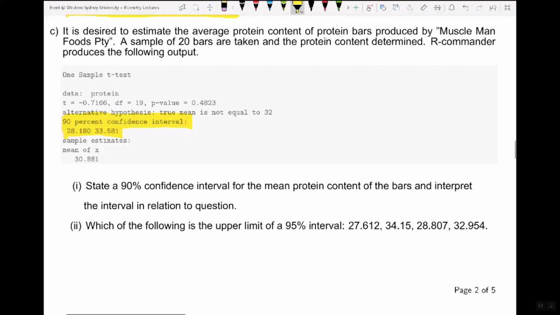So what does it mean in the context of the question? With 90% confidence, something along these lines.